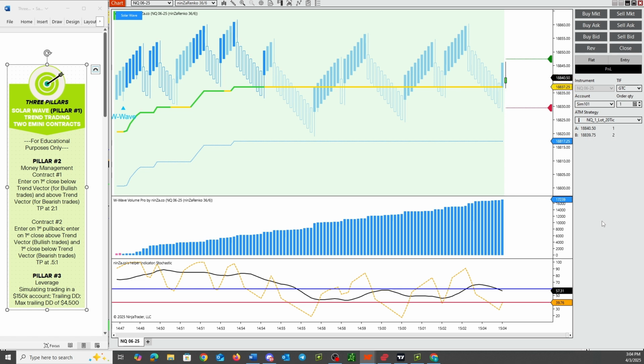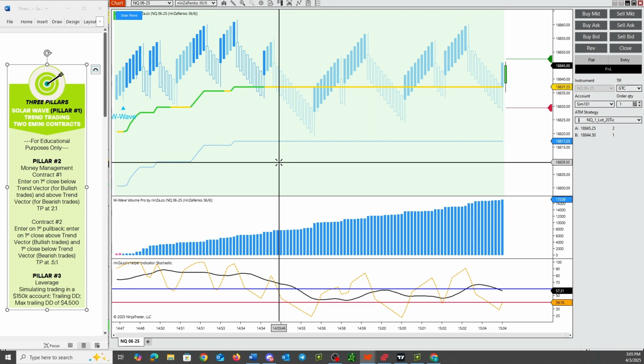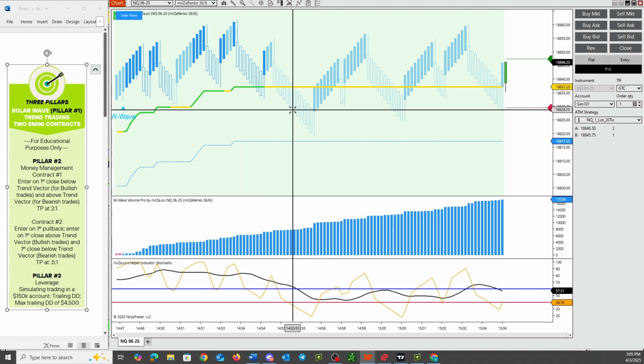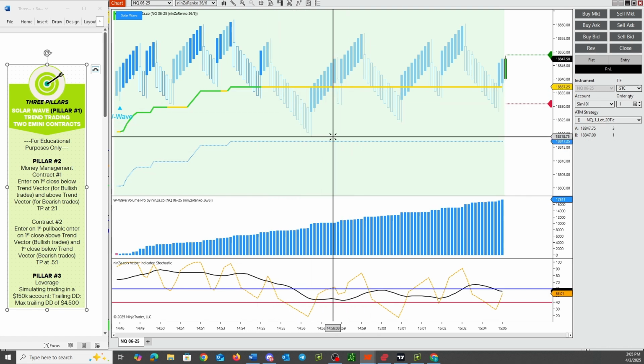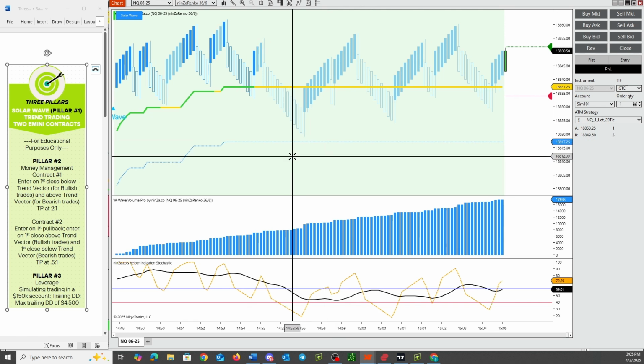Somebody told me, I think it was Hey Bro, that if Captain Optimus is Solar Wave plus an auto entry, he doesn't want to do that because it's the same thing. But I'm looking for things that are different.